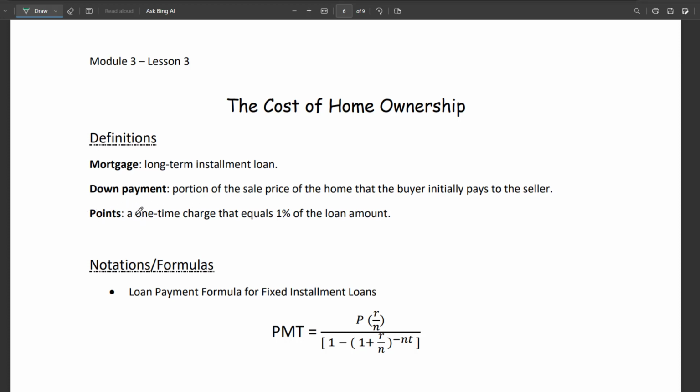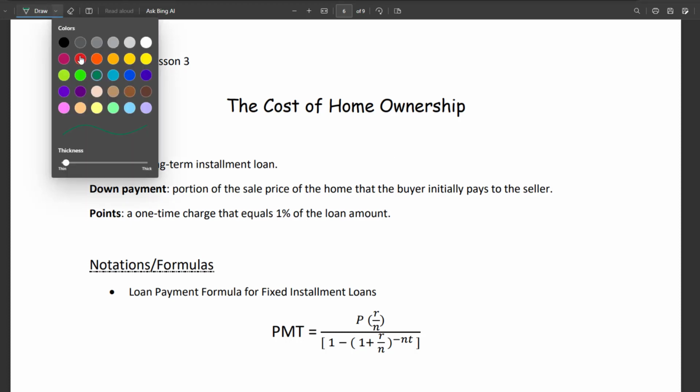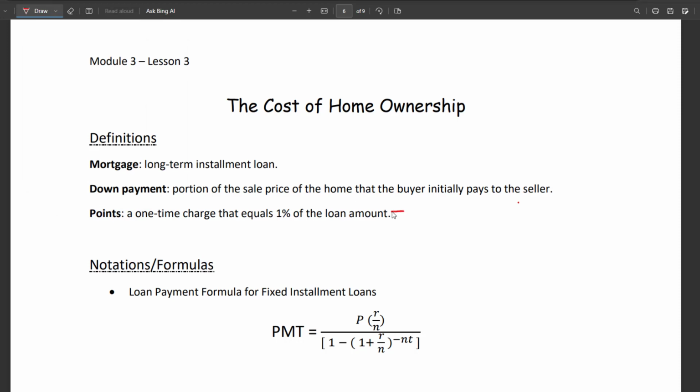They calculate all of your closing costs as points. The way this works in this particular lesson is 1 point is 1%, 2 points is 2%, and so on and so forth.